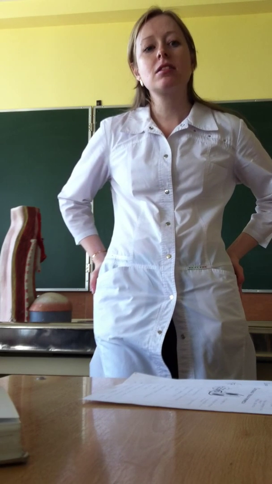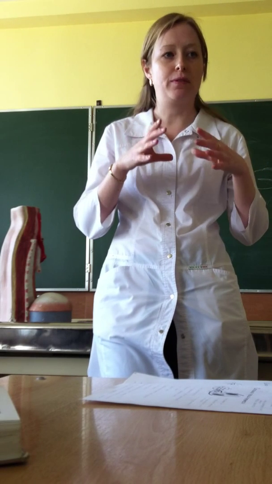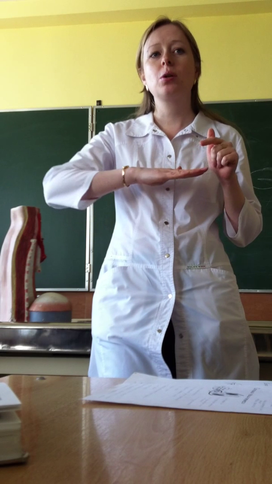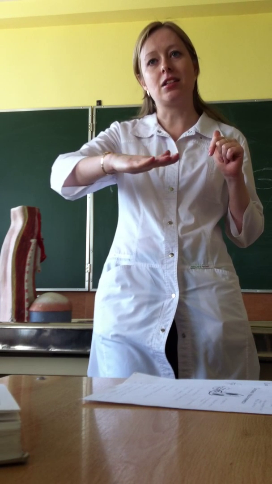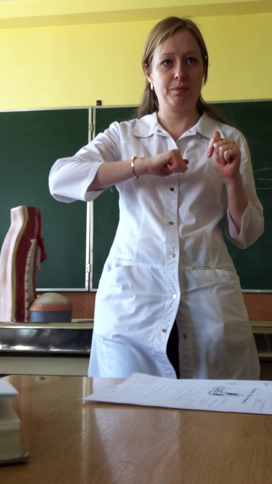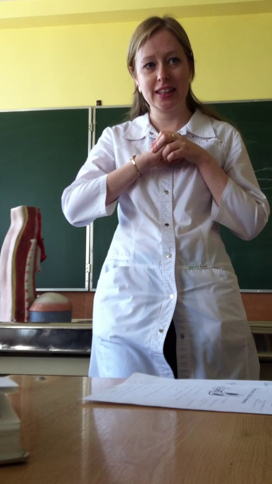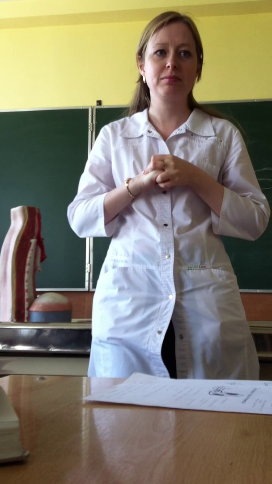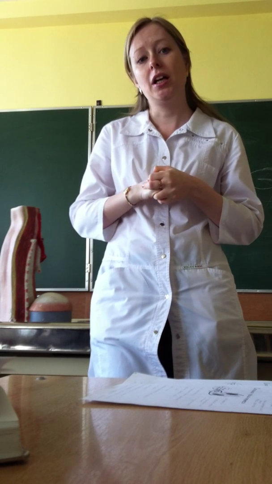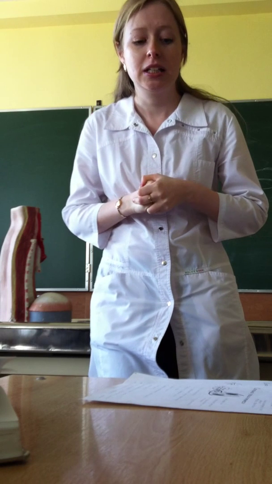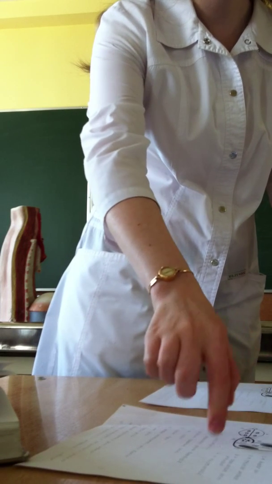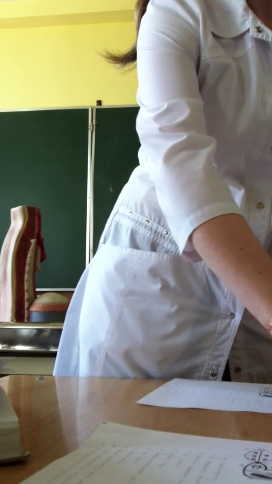Perineum is a complex or collection of soft tissues, muscles, fascias and ligaments, which close the exit from the pelvic cavity. Clear? And you have to draw a scheme of the perineum if there is such a question on the exam. Now, please, maybe just take a photo of this, and at home draw it in your copybook. Not here.